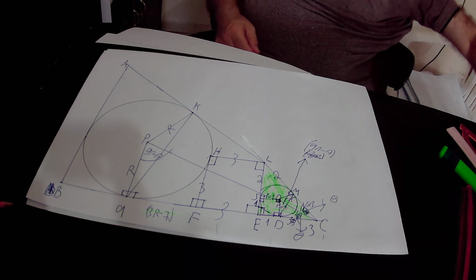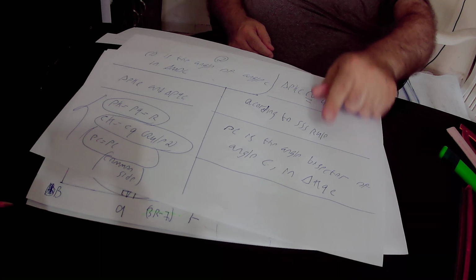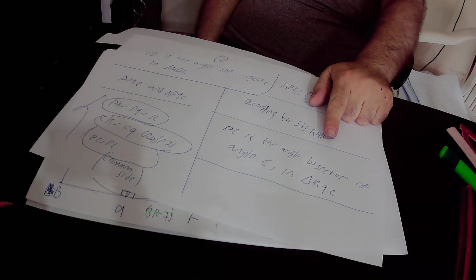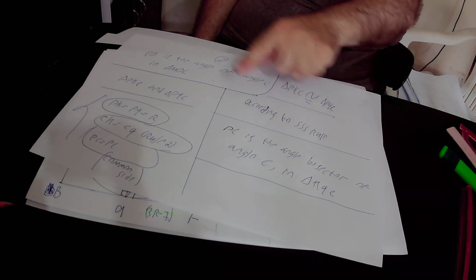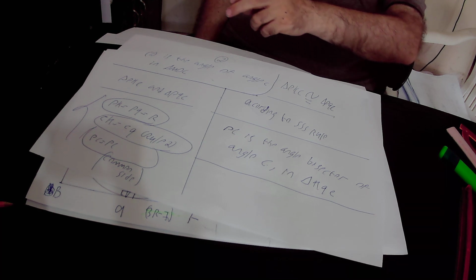PC is the angle bisector of angle C in triangle KQC, therefore angle C has two angle bisectors, PC and CO. We bisect angle C into two equal halves, theta and theta.